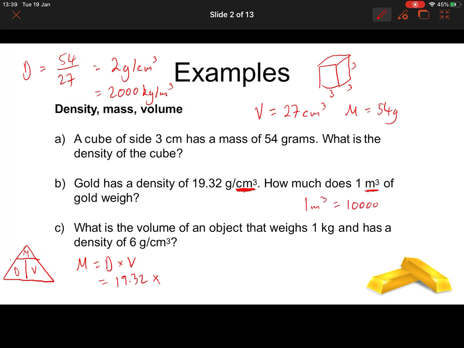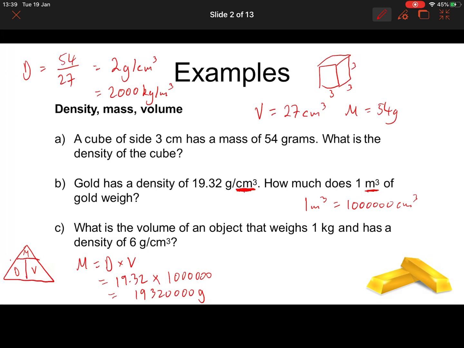So 1 metre cubed is equal to 1 million centimetres cubed. So actually what we have to do is times it by 1 million, which is what? 19,320,000. And what would that be? Grams. Okay, grams.